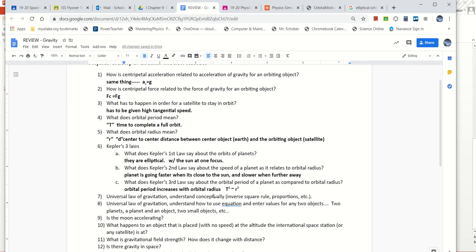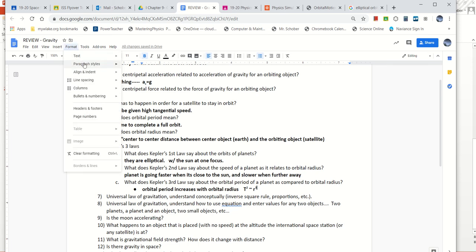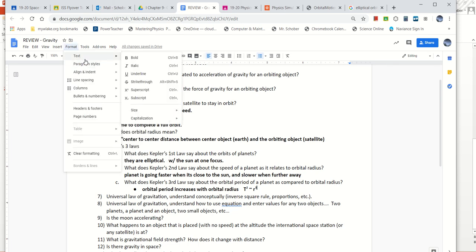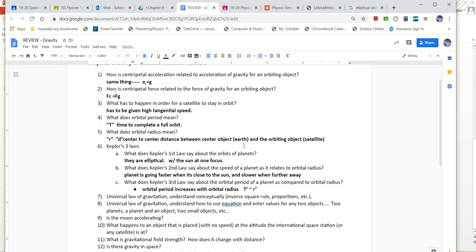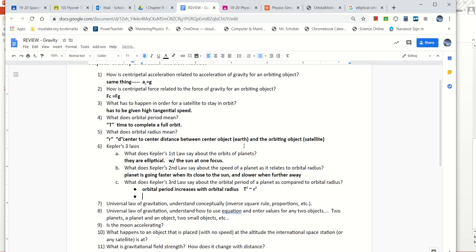Okay, so that is the first point that I want to make sure that we indicate here, that orbital period increases with orbital radius, but also that for every orbital radius, there exists an assigned orbital period.